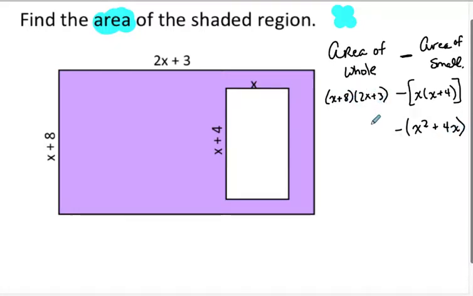And then I can also do this multiplication up here. So I'm going to multiply this first term, x times 2x plus 3, which will give me x times 2x, which is 2x squared, and x times 3, which is 3x.